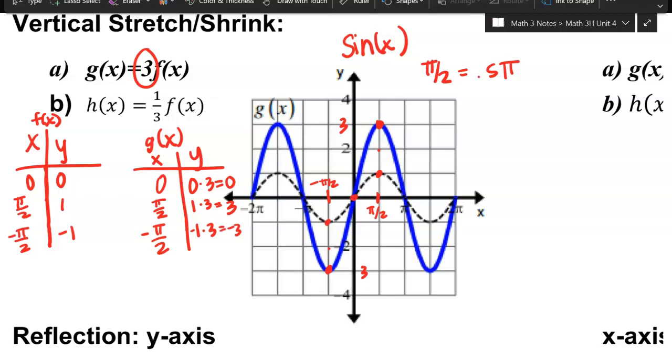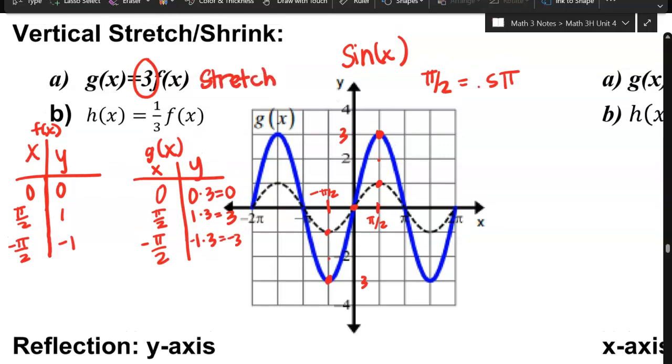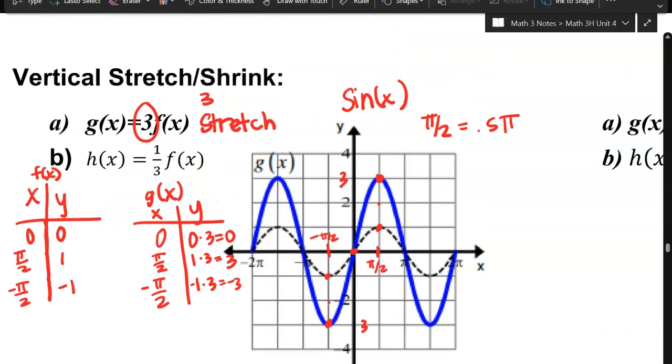Let's look at h of x. So that was going to be a stretch because 3 is greater than 1. So remember, with stretch or shrinks, if the number is bigger than 1, it's a stretch. Between 0 and 1, like a fraction, would be a shrink.